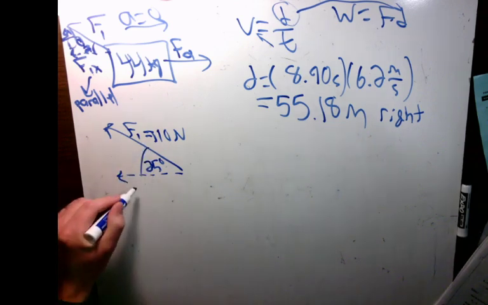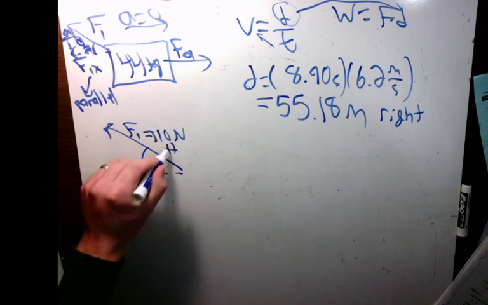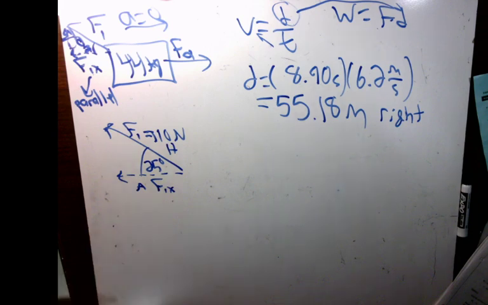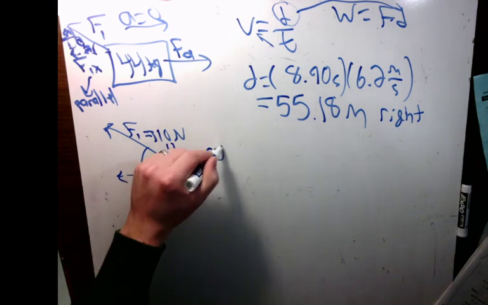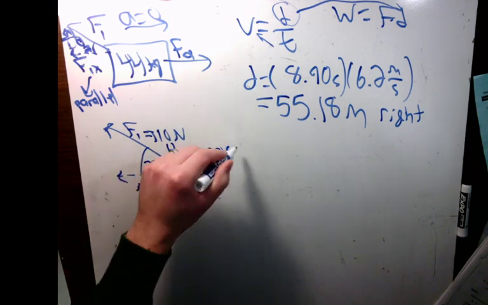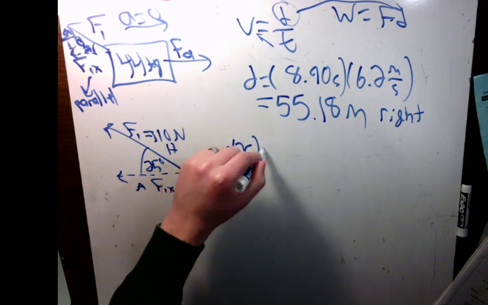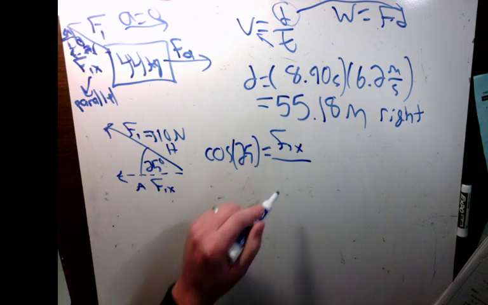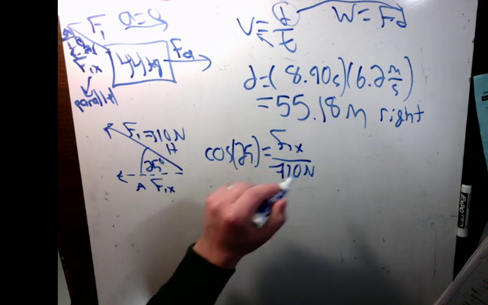So this will be our adjacent, this will be our hypotenuse. This is what we're looking for, the x component of force 1. Using the cosine function, adjacent over hypotenuse, of 25 degrees, we get F1x over 710 newtons.